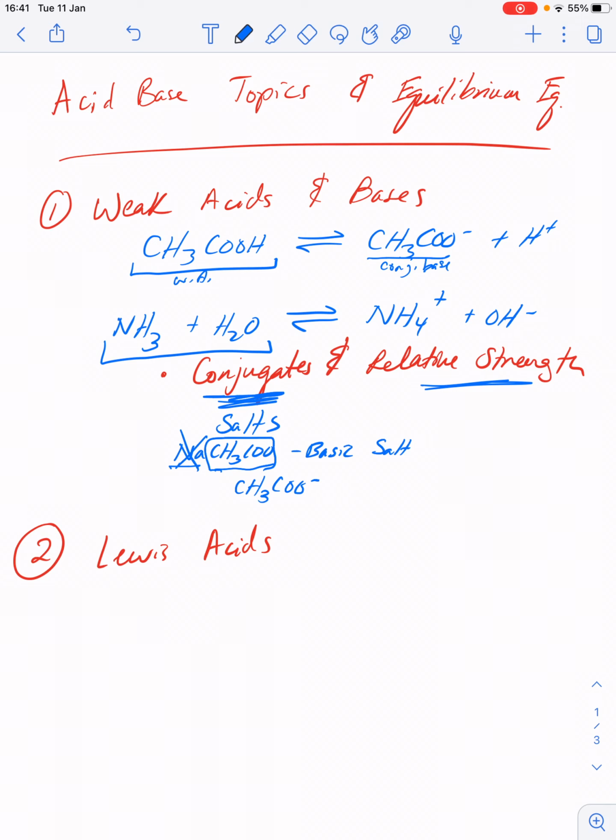And when you want to show something acting as an acid or a base, the simplest way is to show it reacting with water and doing the corresponding behavior. So if this is a basic salt, I need to show it accepting protons from water. It's going to be at equilibrium because it's very weak and it's only going to do this partially.